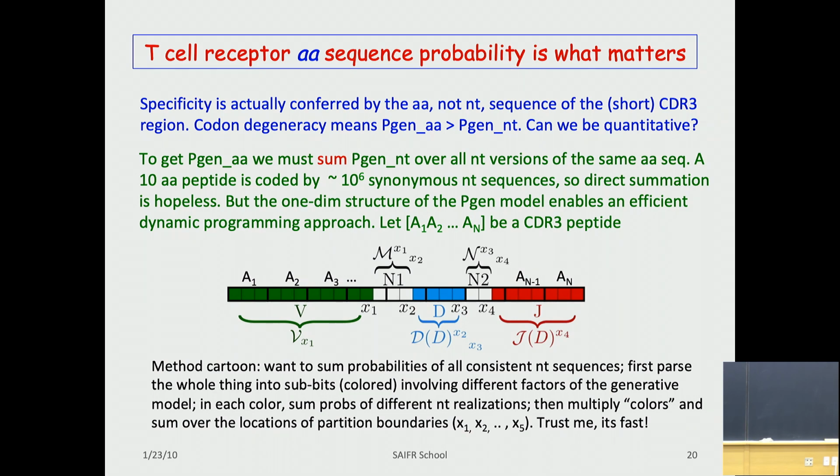So I won't tell you the details, but there is an improvement of the method of calculation that basically allows you, once you've figured out what the stochastic machinery is for generating nucleotide sequences, there's a way of organizing the computation so that it becomes possible and even quite efficient to calculate the net generation probability of something where you specify the amino acid sequence.